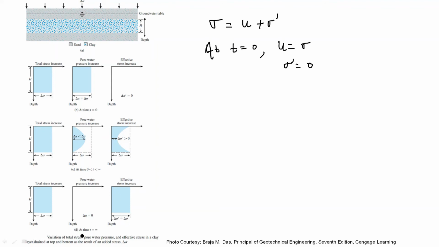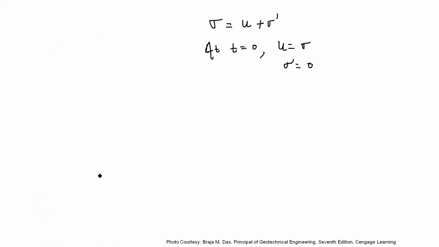At this time, we can say that soil is in equilibrium. However, after that equilibrium, consolidation also takes place, and that is called secondary consolidation, and that is due to the rearrangement of soil solids.